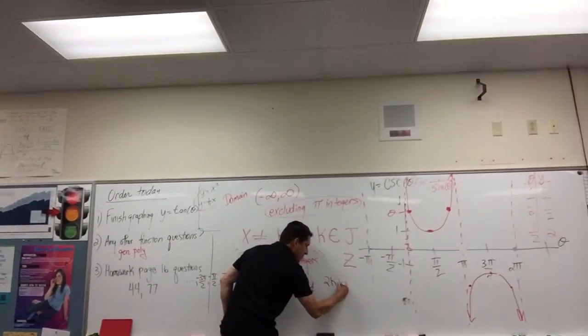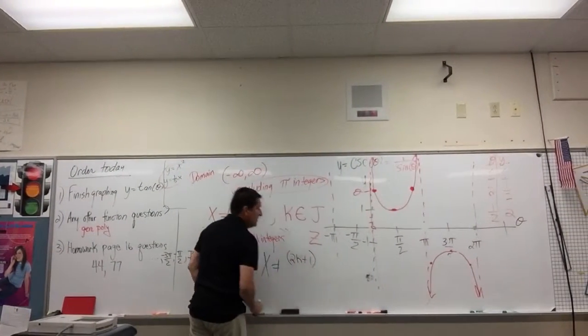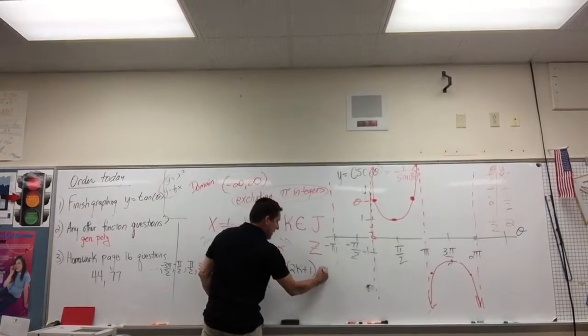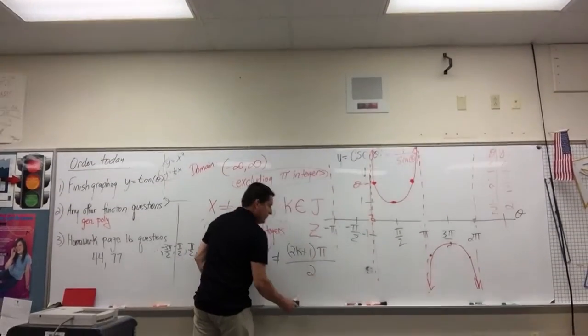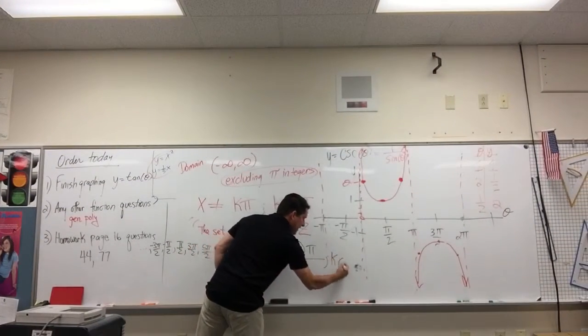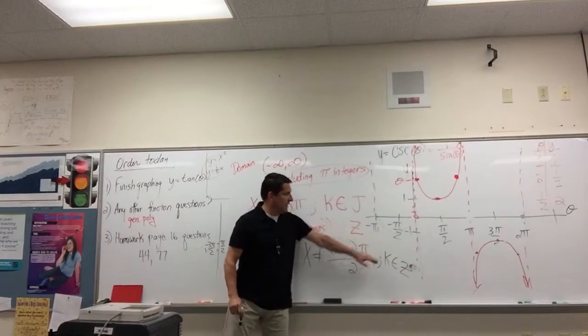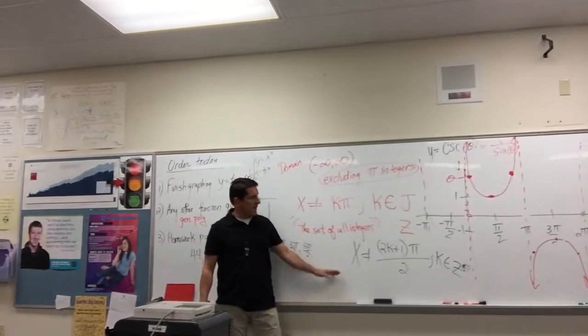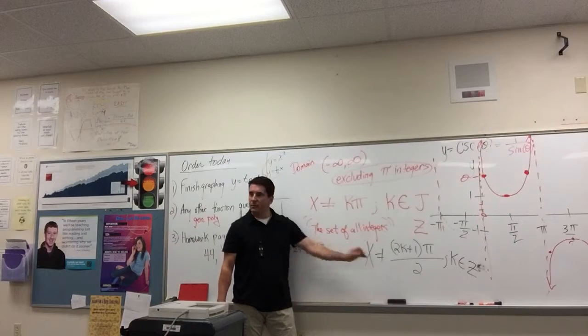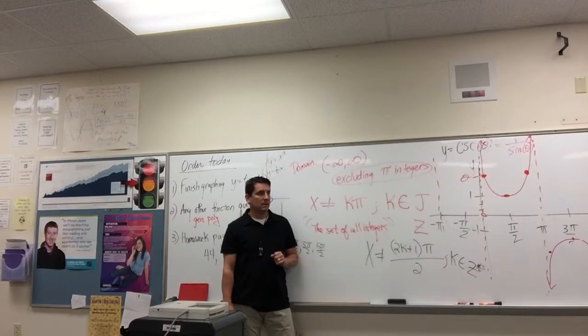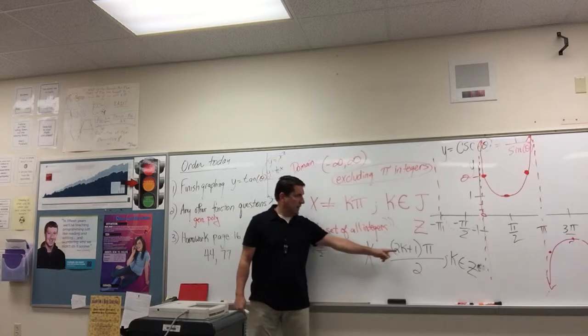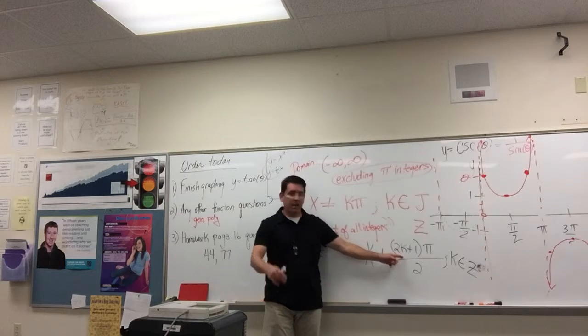So 2k plus 1 times pi over 2, where k is an integer, is how you can get every single possible odd multiple of pi over 2. We just played the game.